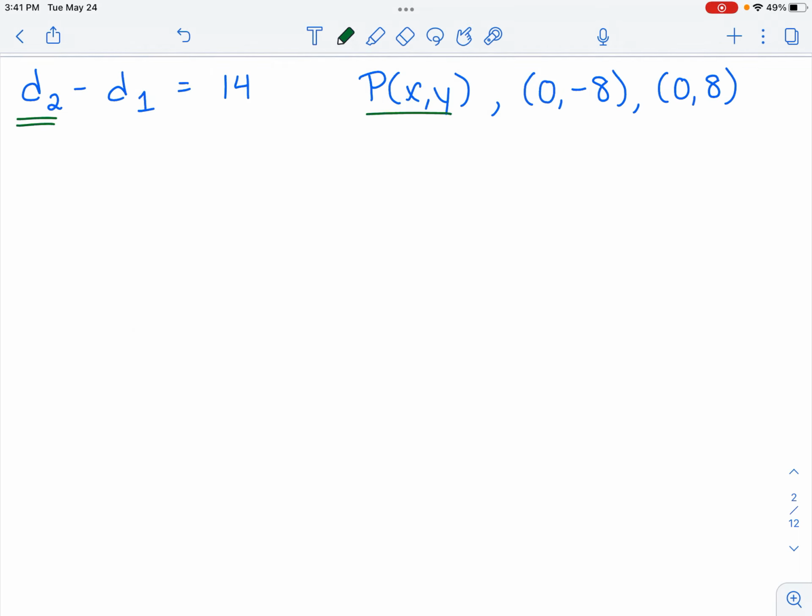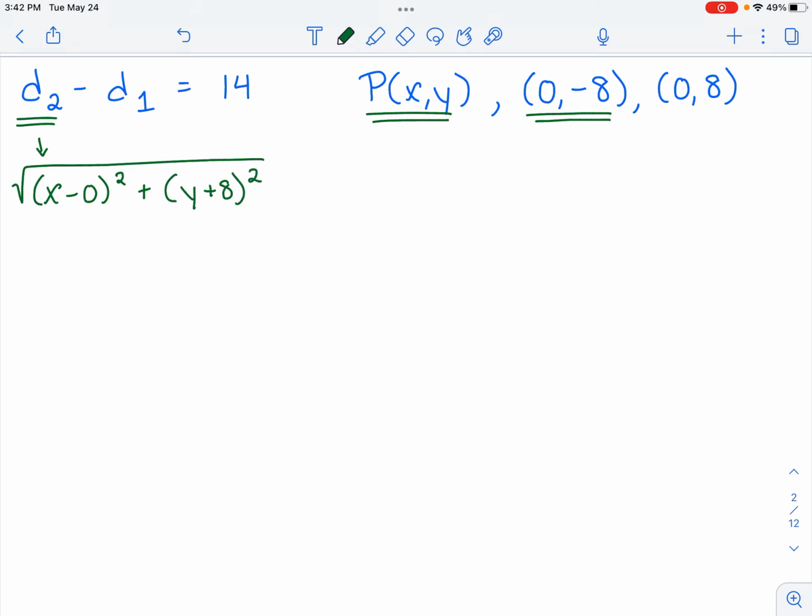D2 used the point P, and it used the bottom focus point at 0, negative 8. So this is going to give me the square root of the distance formula, difference between the x values, x minus 0 squared, plus difference between the y values, y minus negative 8 turns into y plus 8 squared.